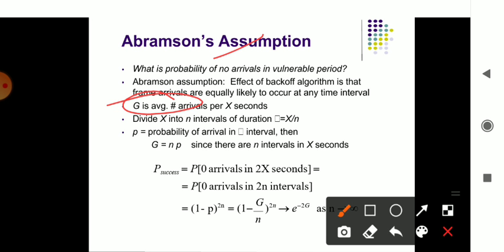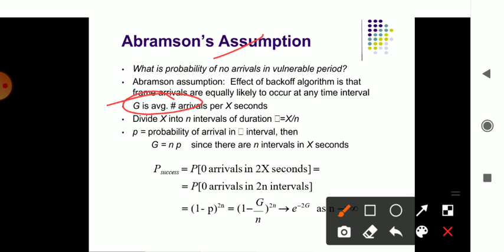So your frames divided by n number of intervals are being considered. N number of frames in that particular seconds, that is x, is being considered. And the probability is the probability in which the frames are transmitted to the other end without any problem, as we had discussed.